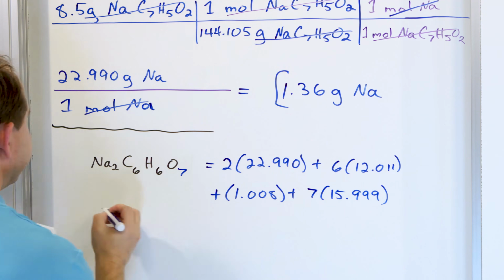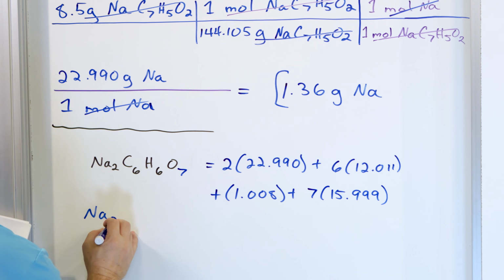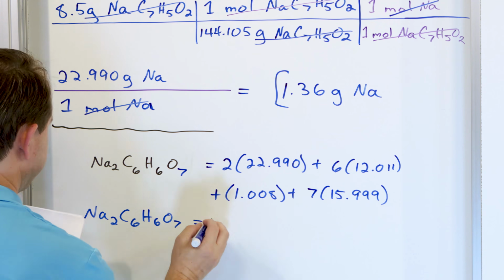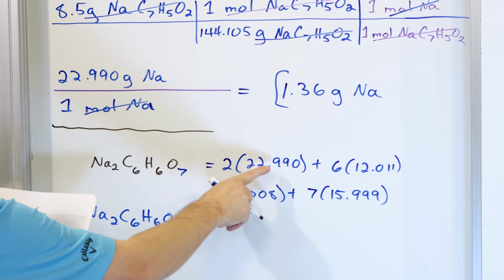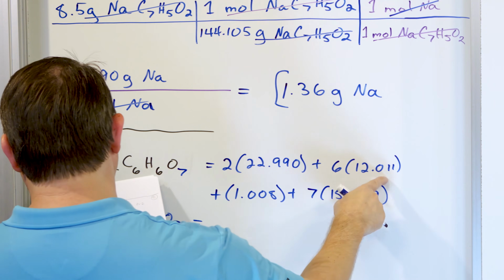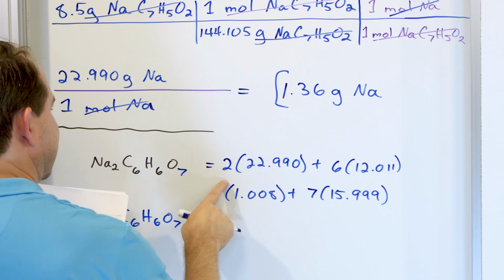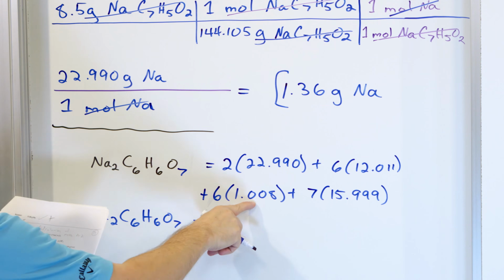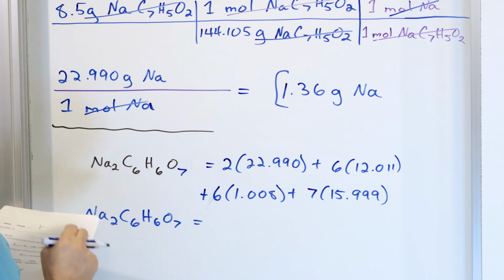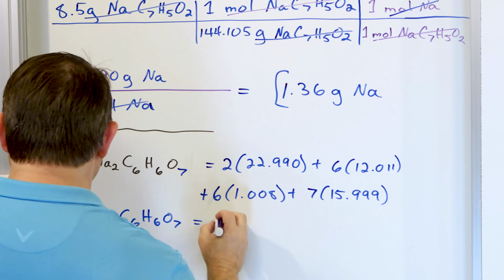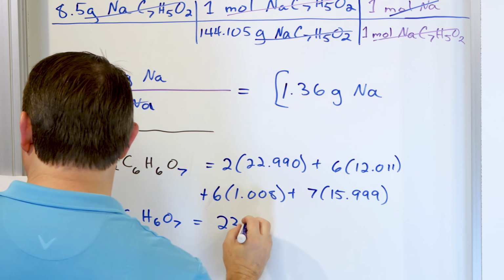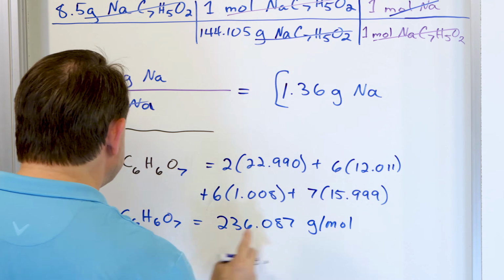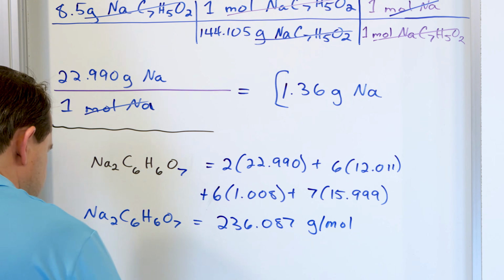All right, so for the substance Na2C6H6O7, we have a molar mass, the 2 times this number, and then the 6 times this number. It looks like I made a small mistake here. There's a 6 right here, because 6 hydrogens times this number, and then 7 of the oxygen molar masses. When you add them together you get 236.087 grams per mole of this substance.